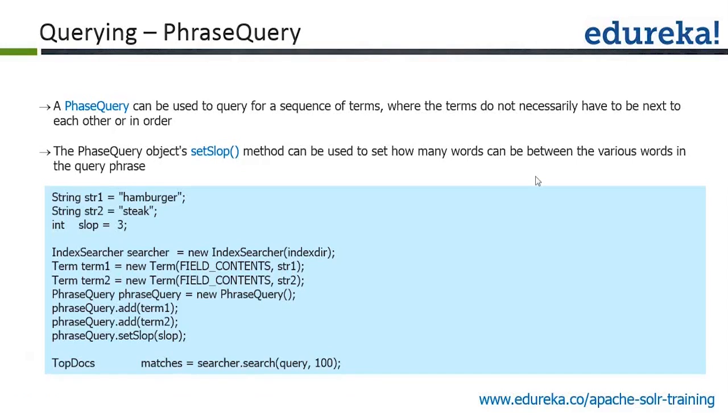Exactly, no, because you have set the slop threshold to only 3 and there are more than 3 words between French and fries. If you make it maybe more than 10, yes, of course it will match French fries and return the documents. So that is the purpose of the phrase query.